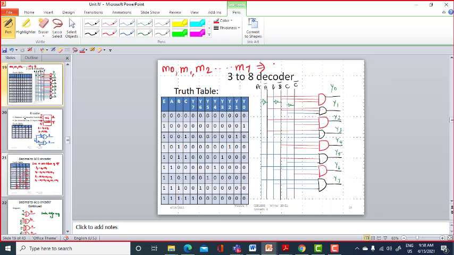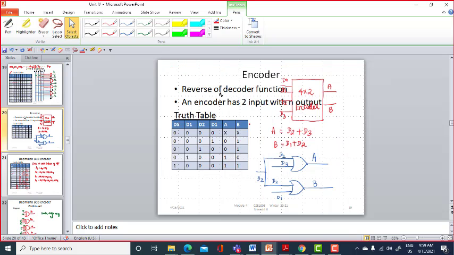These are one and the same as Y0 to Y7. The enable signal has to be 1. If enable is 0, none of the outputs will be active. If the enable signal is 1 and your input is 0 0 0, Y0 is 1. This is the 3 to 8 decoder.